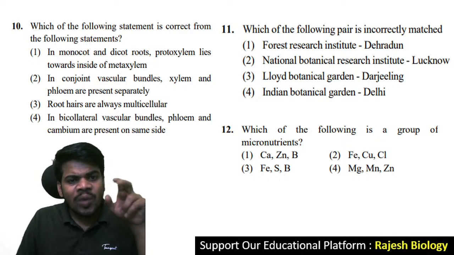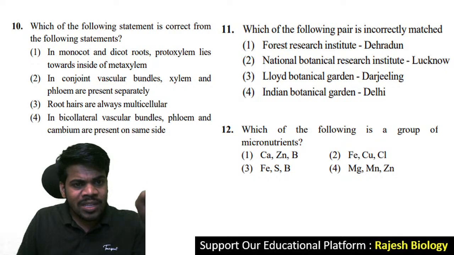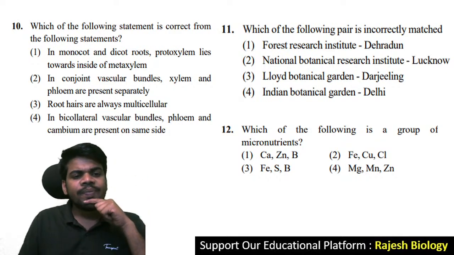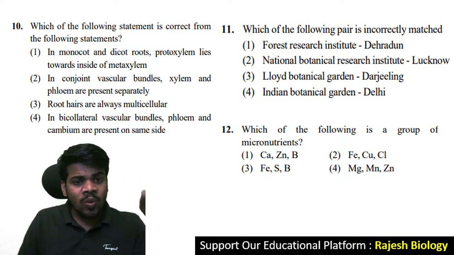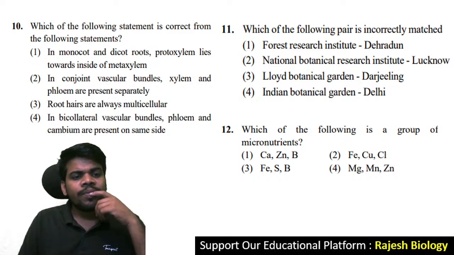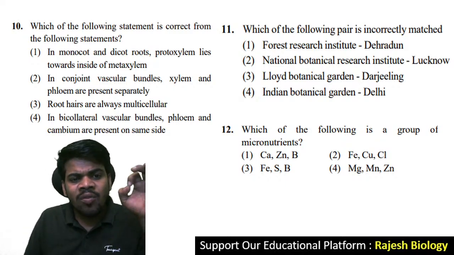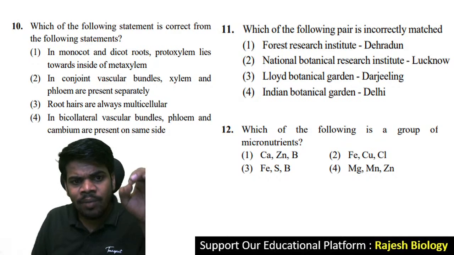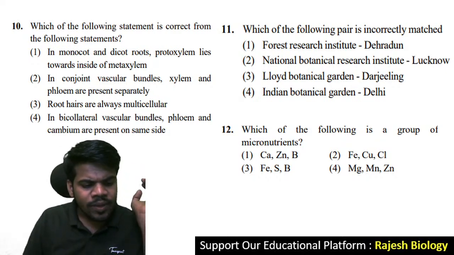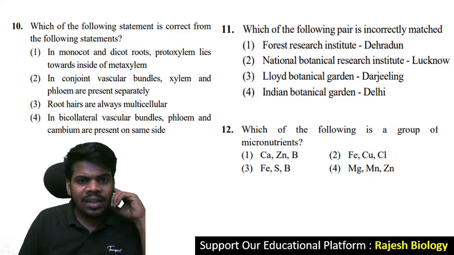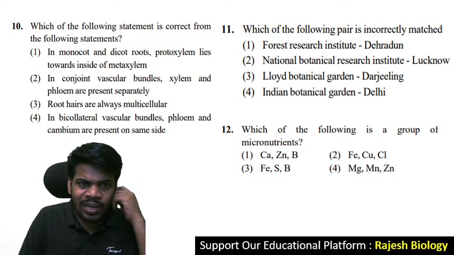In conjoint vascular bundles, xylem and phloem are present separately. Root hairs are always multicellular. In bicollateral vascular bundles, phloem and cambium are present on the same side. You are saying second, they are not separate.